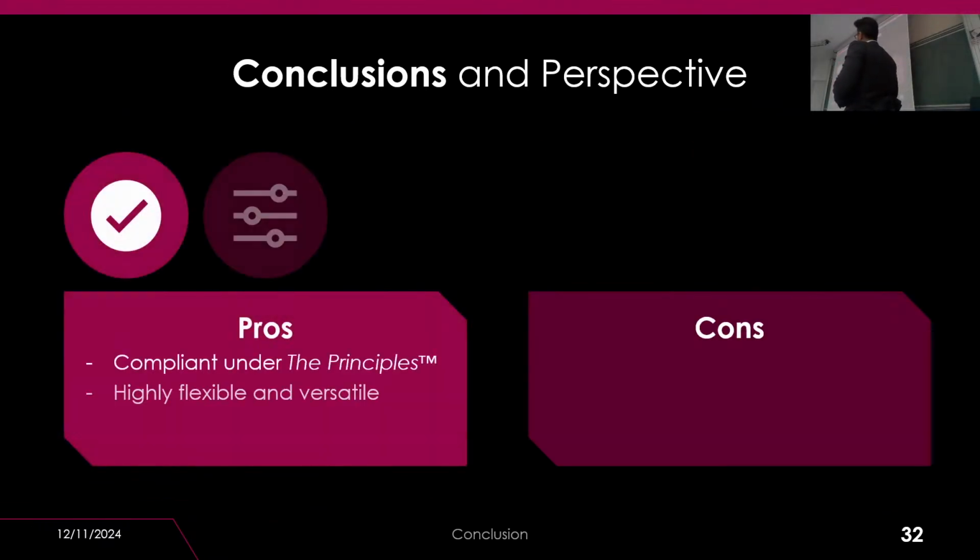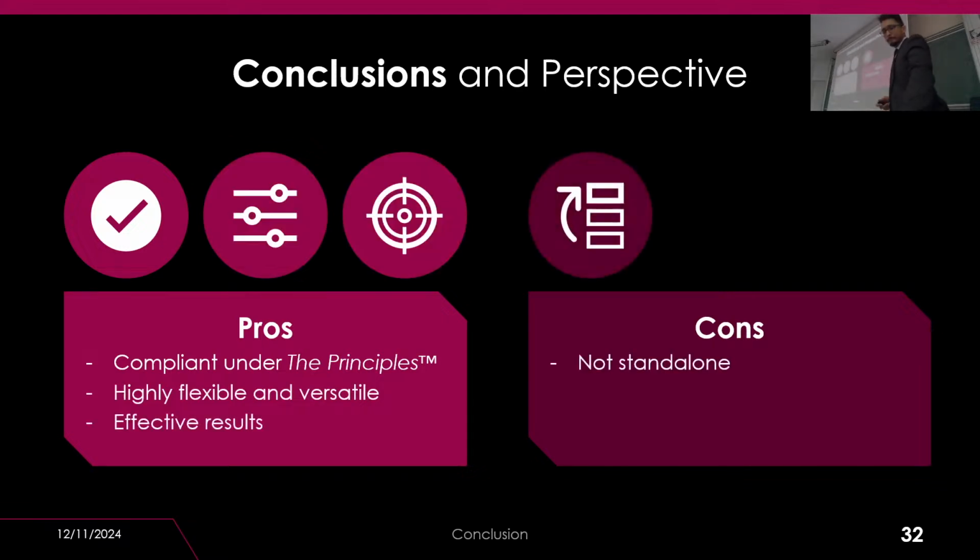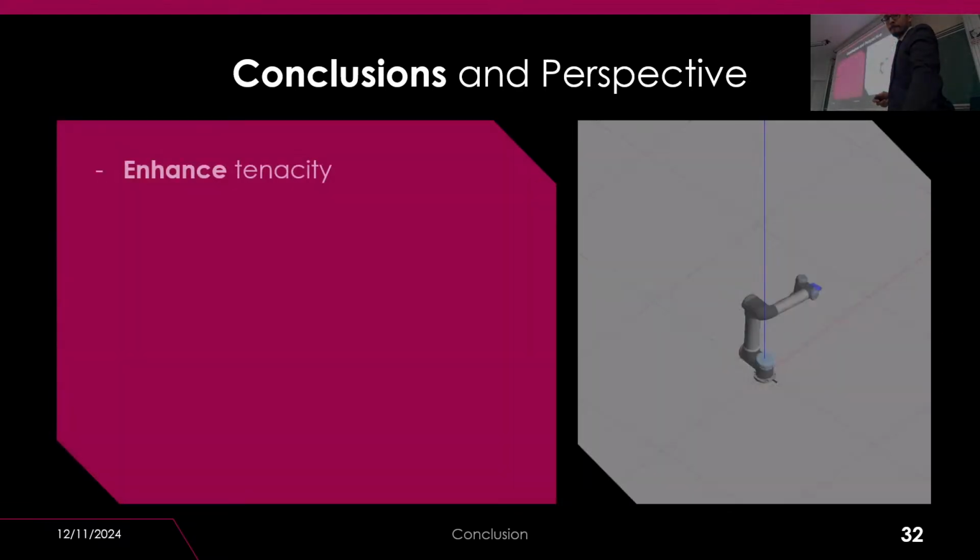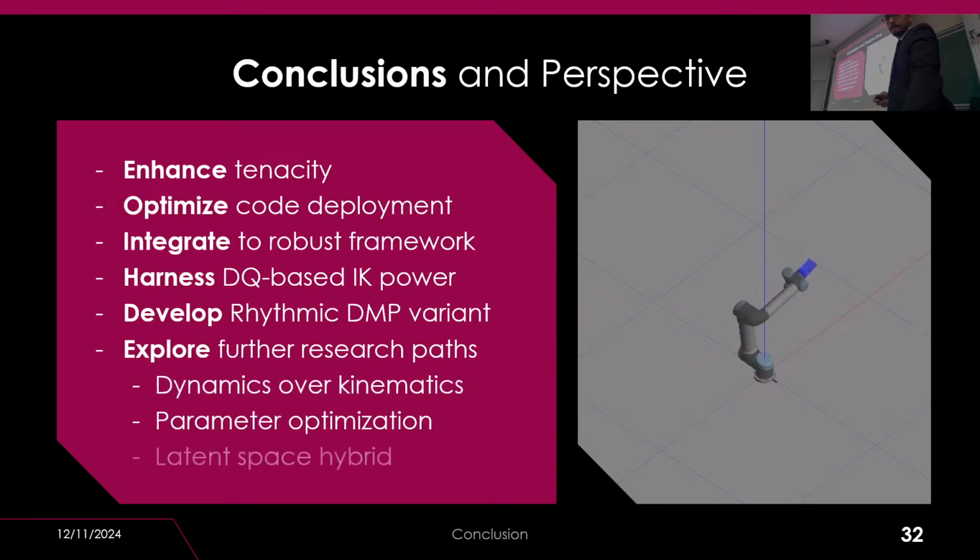Right now we are dealing with the pose, the orientation and the position of the end effector, but by implementing hyperdual quaternions we can add two more variables, the velocity and the angular velocity of the movement.